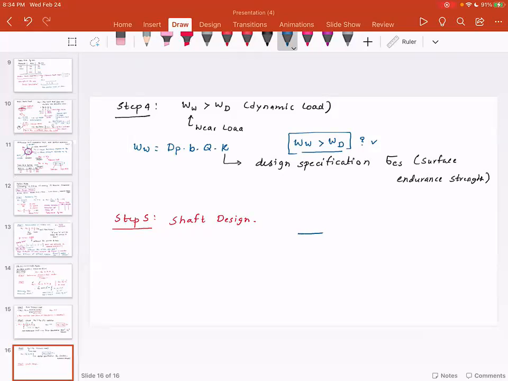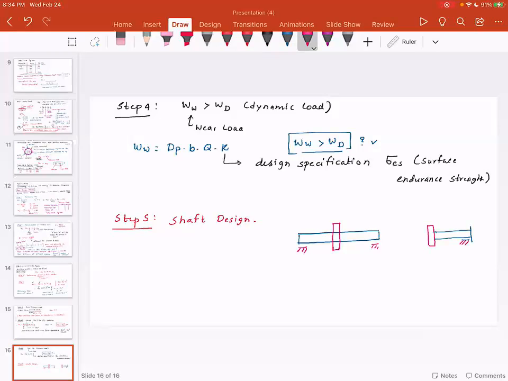For example, you could have a shaft that is simply supported. There are two bearings, one at each end, and you have a gear at the center. Or you could have a configuration where you have the gear that is sort of cantilever.